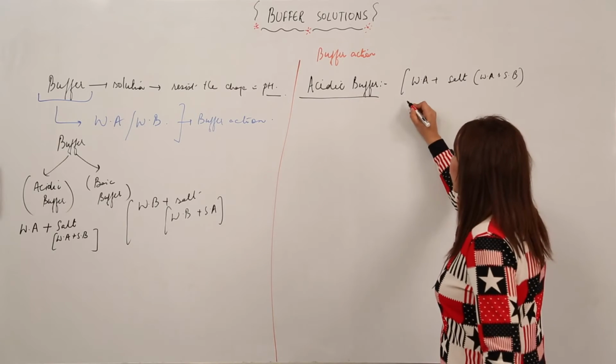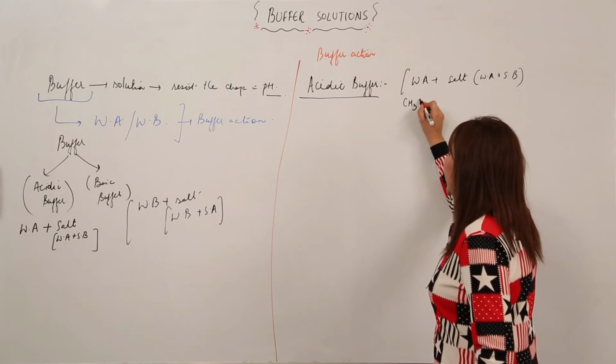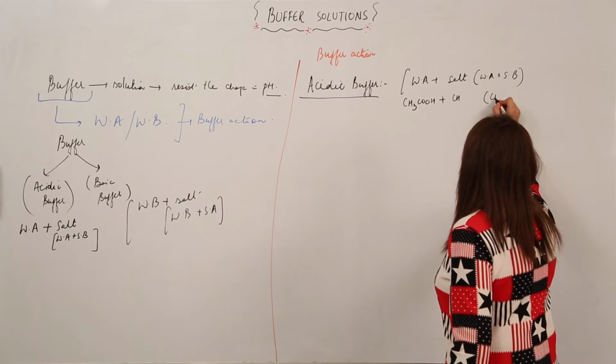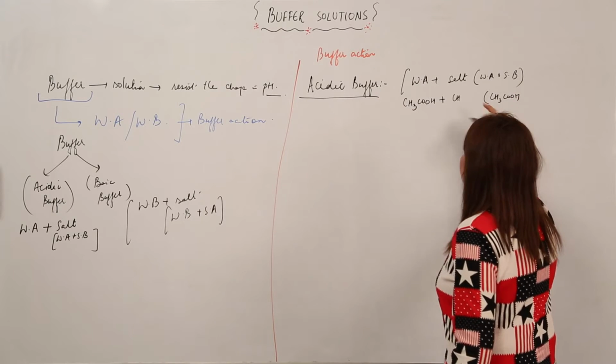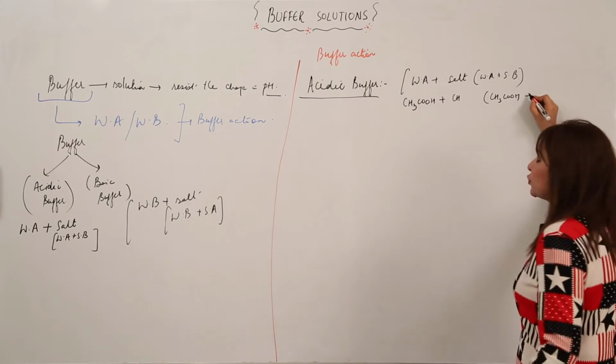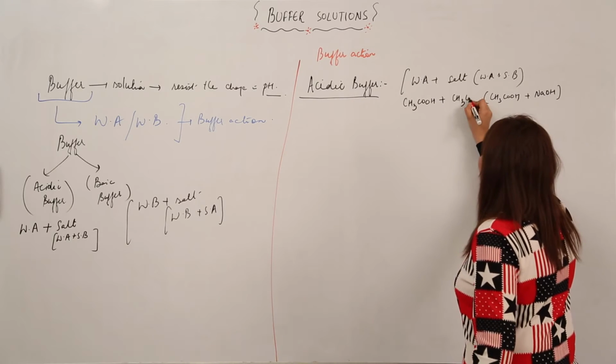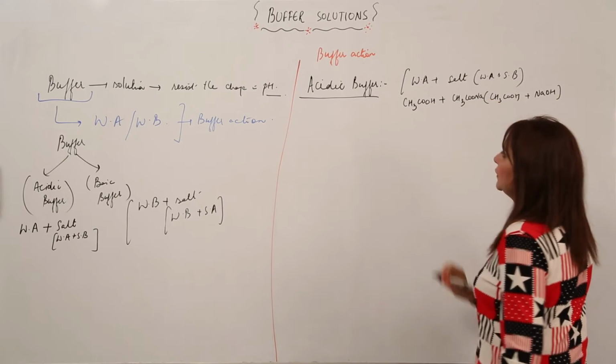The weak acid I am taking is acetic acid, plus a salt formed by the combination of the same weak acid, acetic acid, and the strong base, let us take sodium hydroxide. They result in the formation of salt, that is sodium acetate.